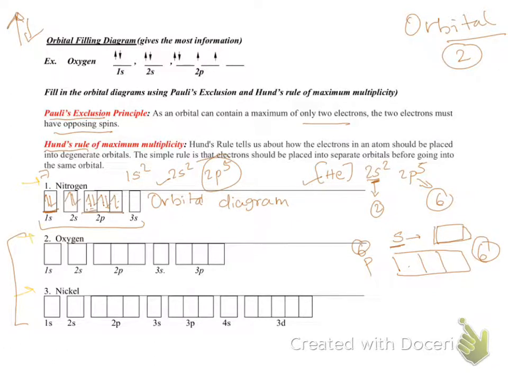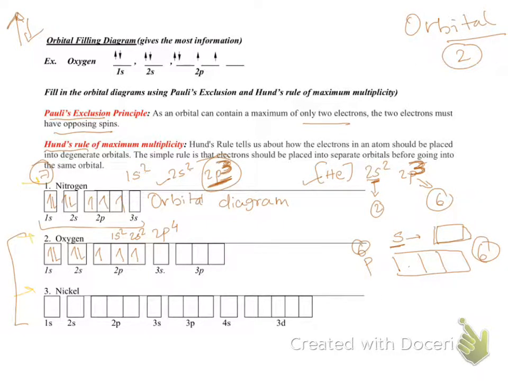Let me pause the video. Alright class, so here I made a mistake. Atomic number is 7. 2 plus 2, 4, plus 3, 7. It is 2p3. That means when I'm filling this up, it should be 1s2, 2s2, 2p3.